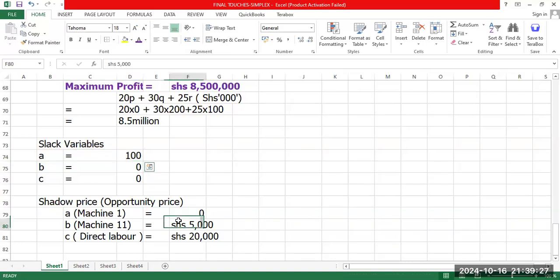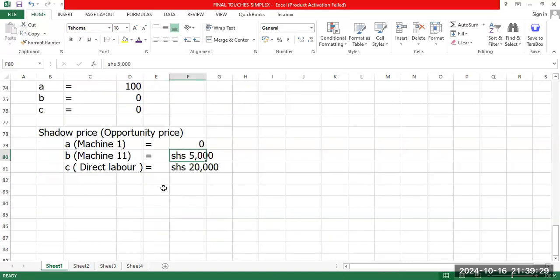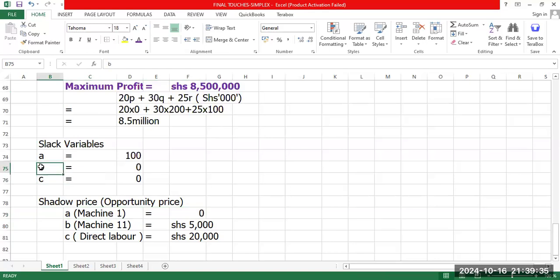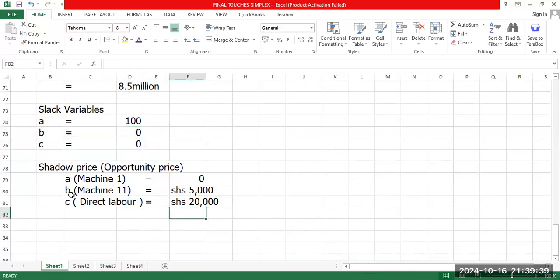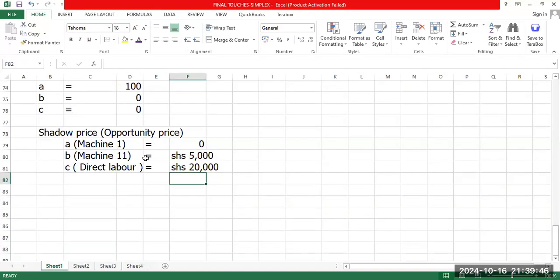There is no need of adding a unit. That's why it is 0. But for others, B and C, you can add a unit and generate what? Sales. But the fact that the company did not add these units, then they are foregoing this amount of money.